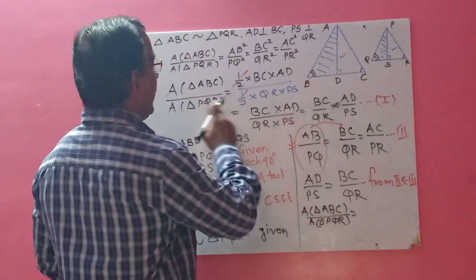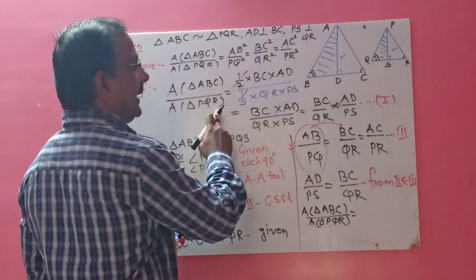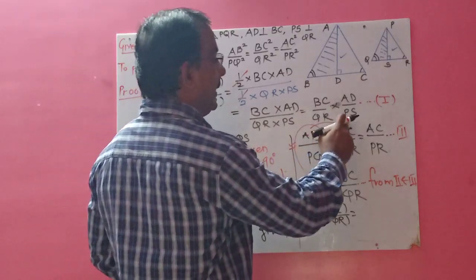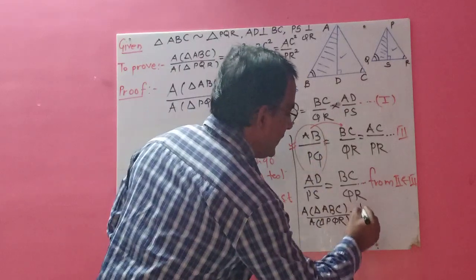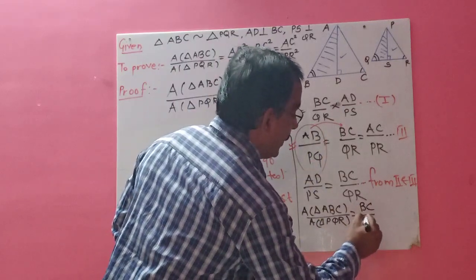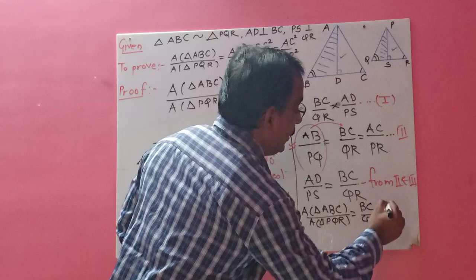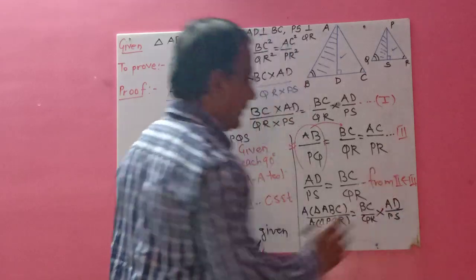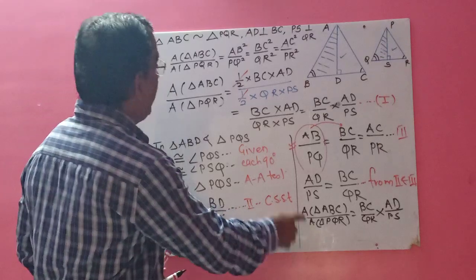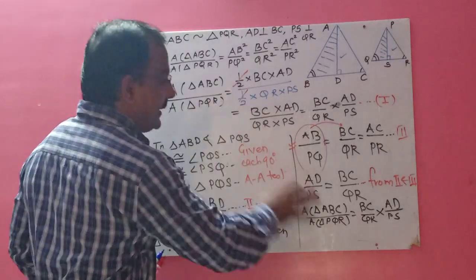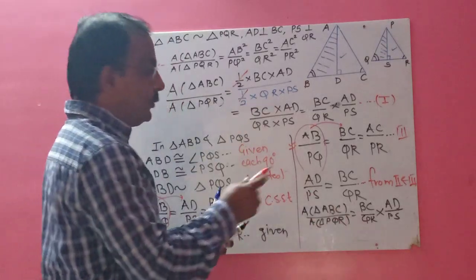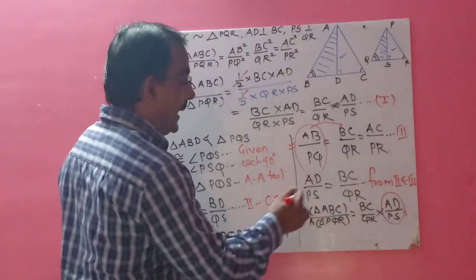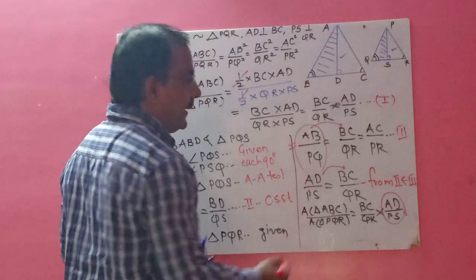See here, area of triangle ABC upon area of triangle PQR is equal to BC upon QR into AD upon PS. Got it? This already I have written here. Same thing I copied.